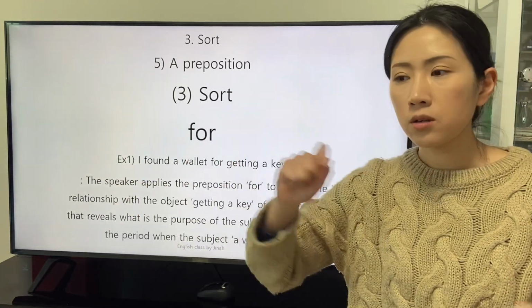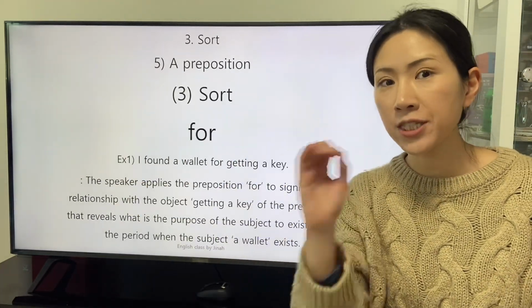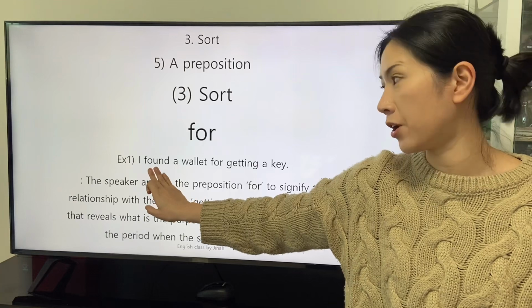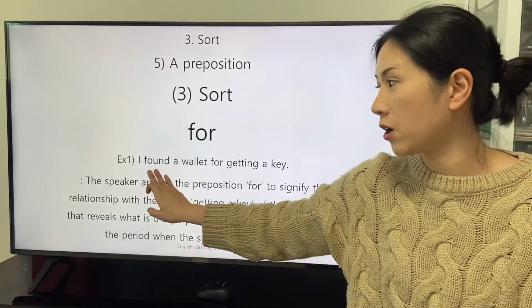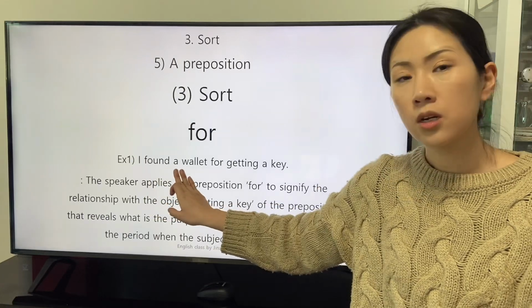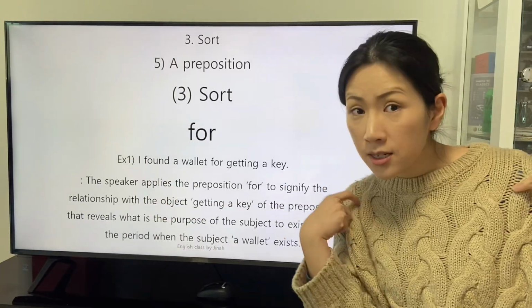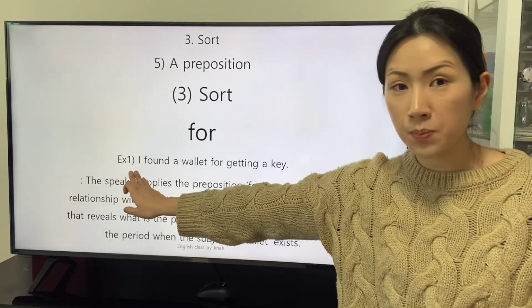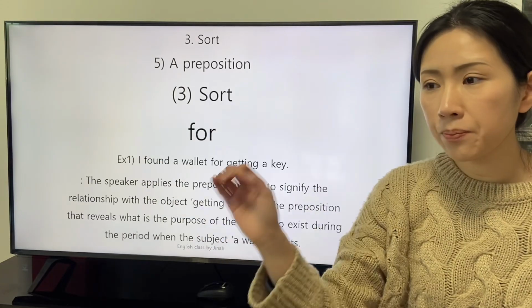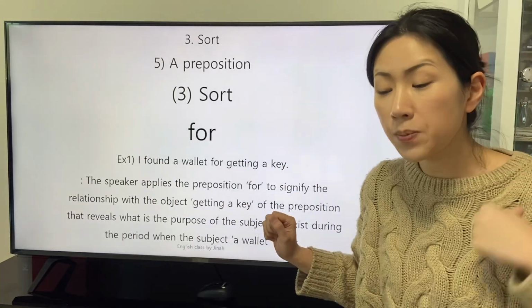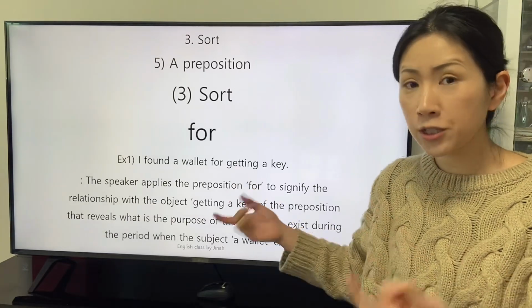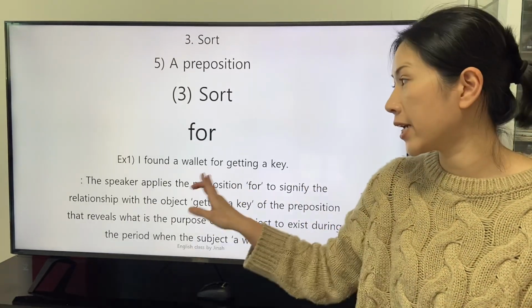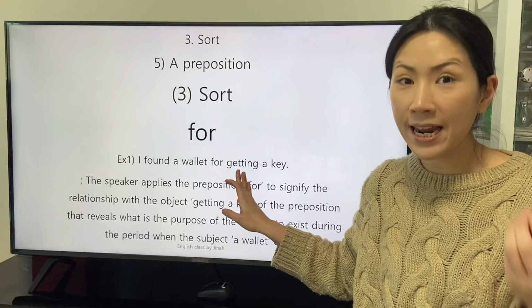The speaker actualized the action indicated by the transitive verb found. And the object of the transitive verb found, a wallet, got the action from the speaker. At the same time, the speaker had the purpose to actualize the action indicated by the gerund, getting.